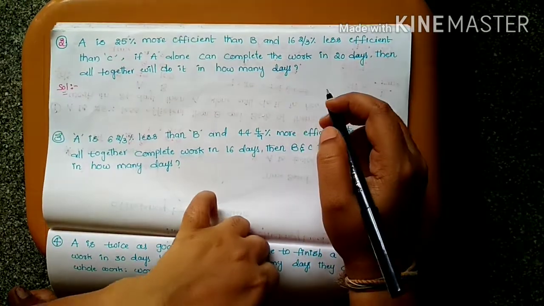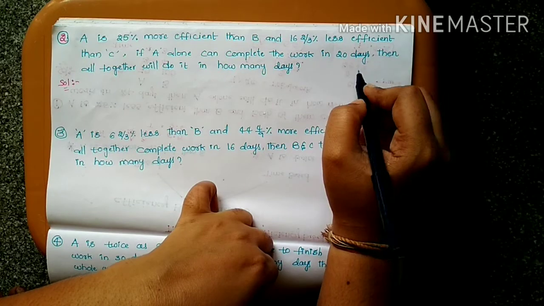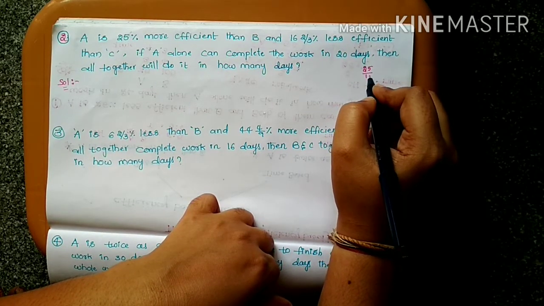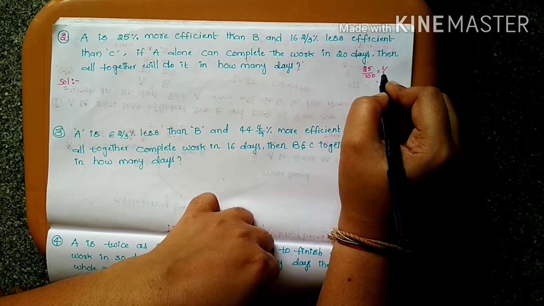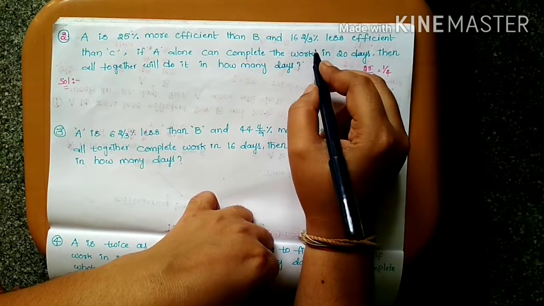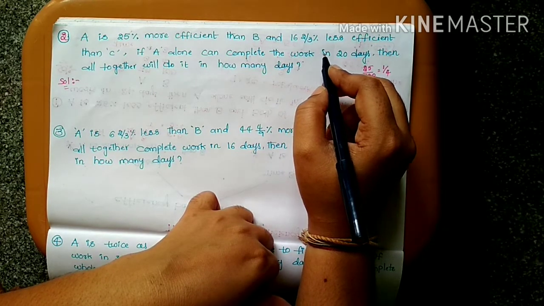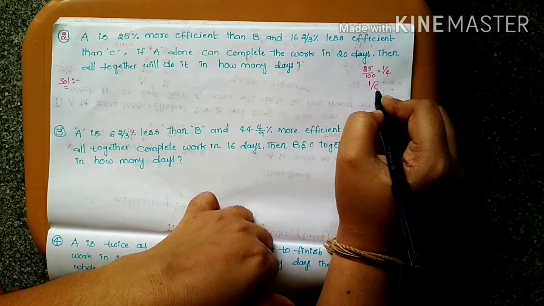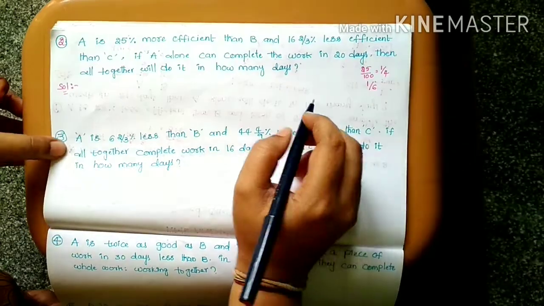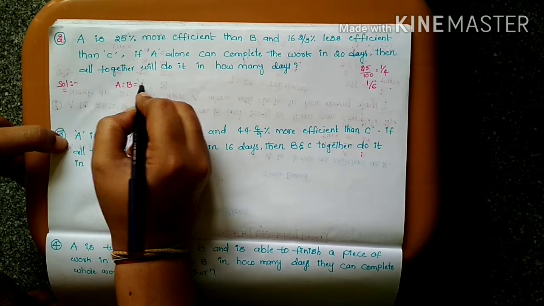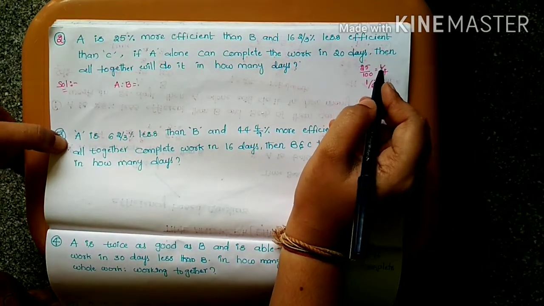Here A is 25% more efficient than B. 25% means 25 by 100, so 1 by 4. Next 16 2 by 3 percentage means 50 by 300, so 1 by 6. So first, A to B. 25% means 1 by 4.